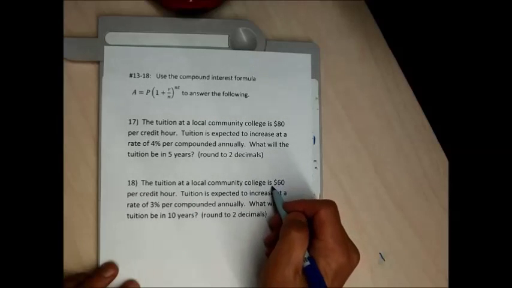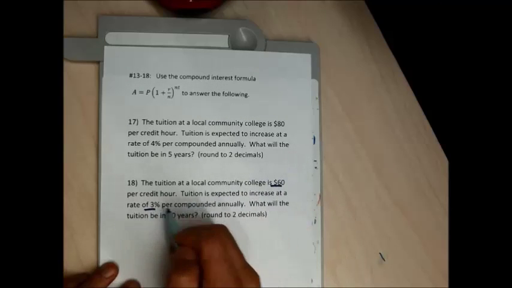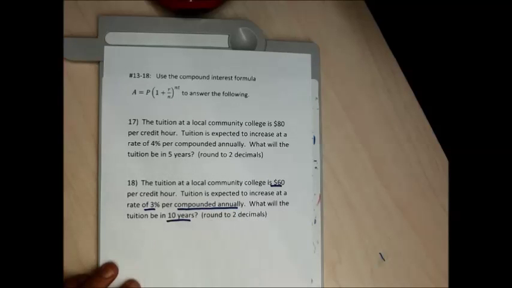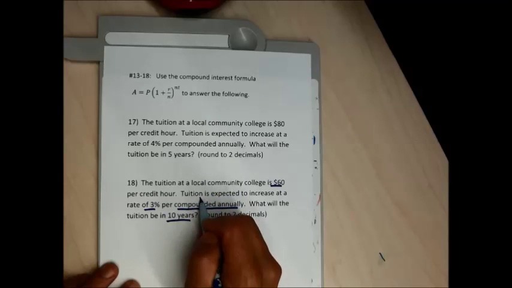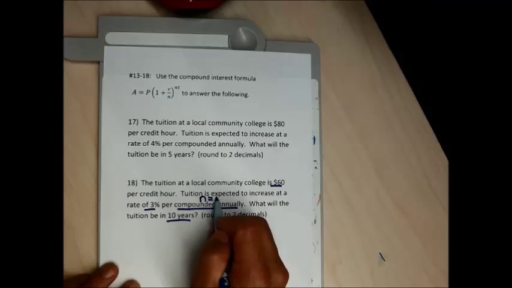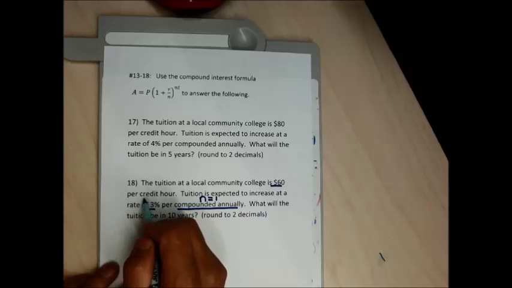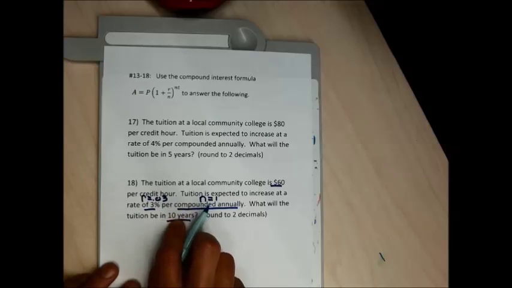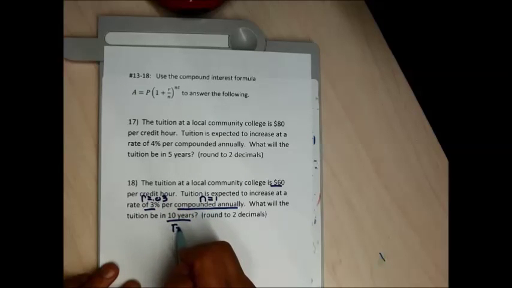So I see a number, something for an N, and a number. Let me try to figure out what each of these represent and figure out what I'm trying to solve for. The compounded annually, that's an N equal to 1 again. The 3% is an R equal to 0.03, and the 10 years is a T equal to 10.